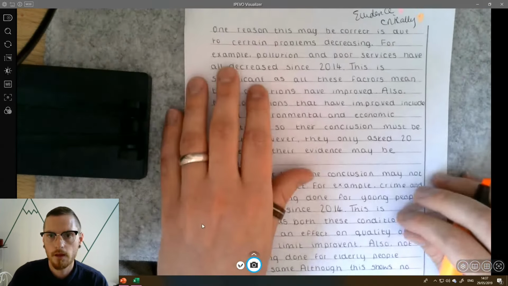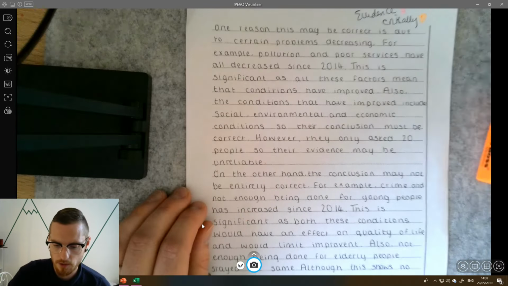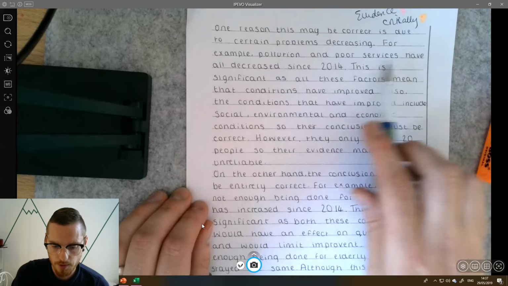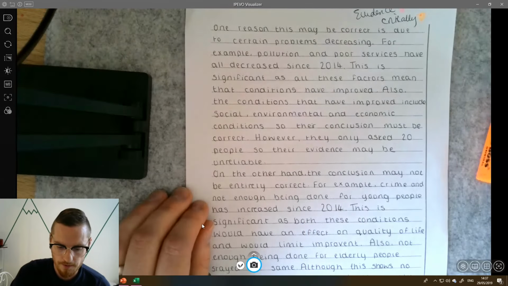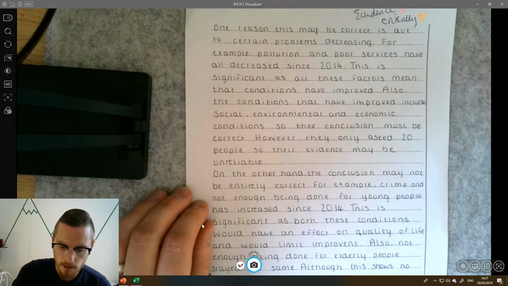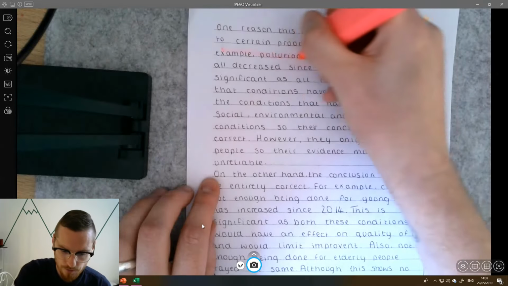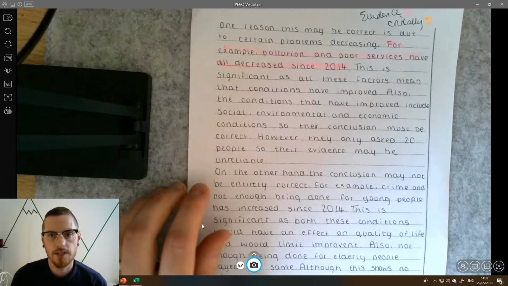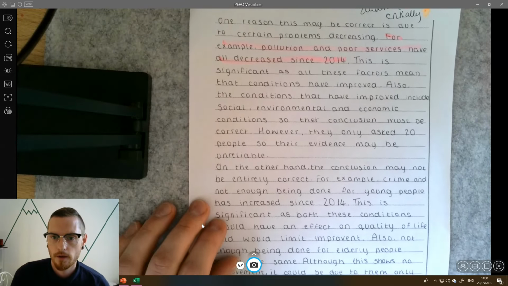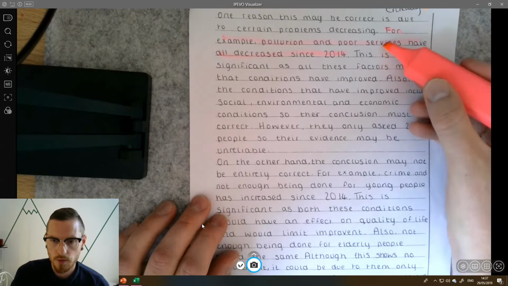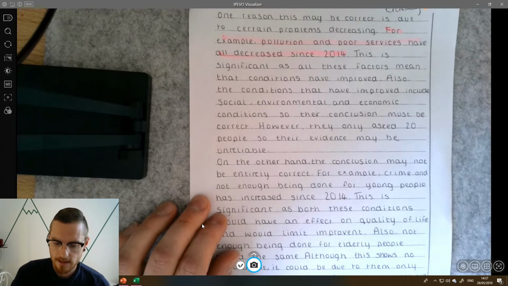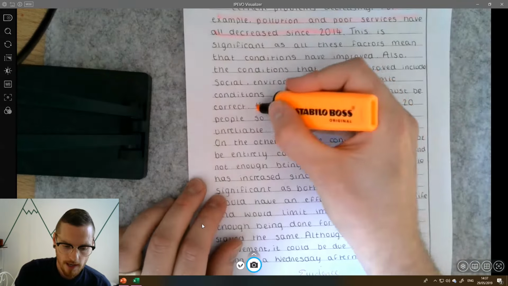So here we go. One reason this may be correct is due to certain problems decreasing. For example, pollution and poor services have all decreased since 2014. That's them picking out evidence from the resource, which is the graph that I was just annotating. Now, they then go on to explain this, but at the end here, it shows that they're thinking critically.